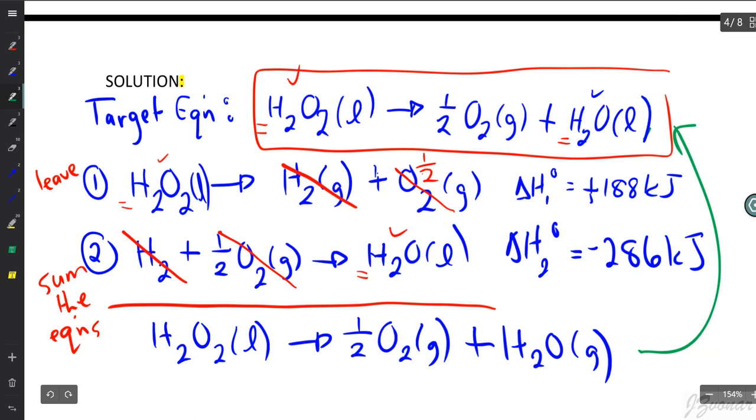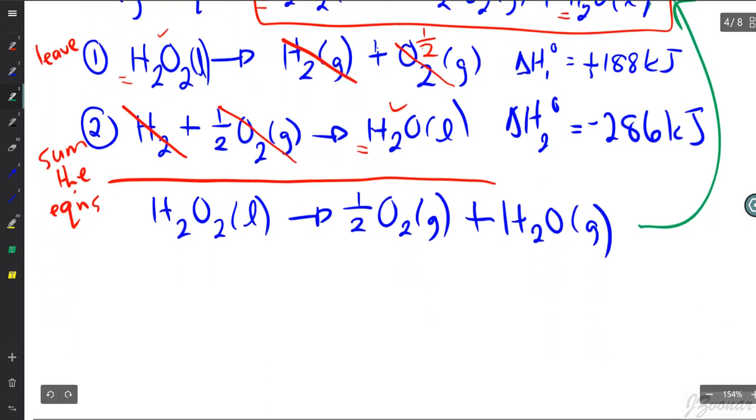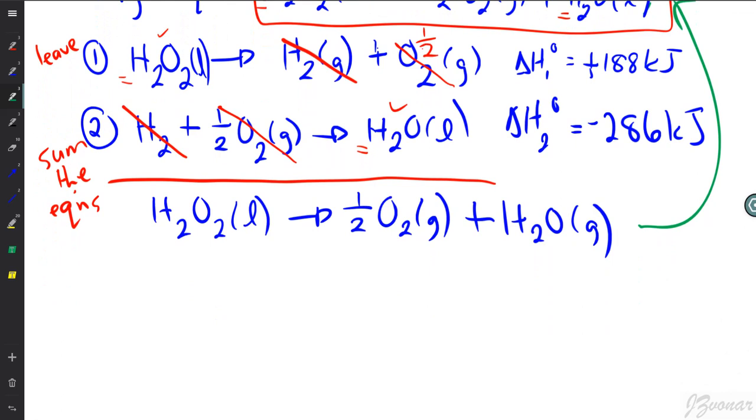It looks exactly the same. So therefore, I've achieved what I wanted to. Hence, what I can do now is I can sum up the delta H values. Okay, so this is the target equation.